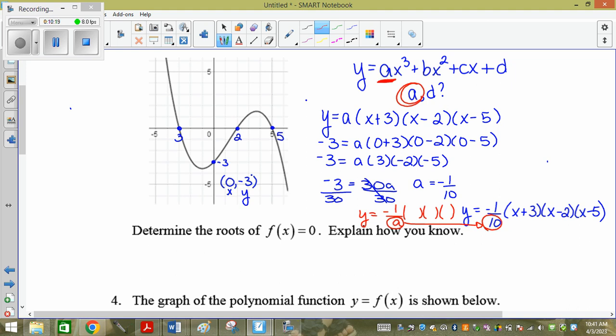I would still write it out twice so I don't mess up my expanding. So if they wanted the a in this form, I would go negative 1 times x times x times x, and I would actually get negative 1/10 x cubed. So my a would be negative 1/10 if they asked it this way, where they wanted the a that was in front. Very different way of asking questions, right?